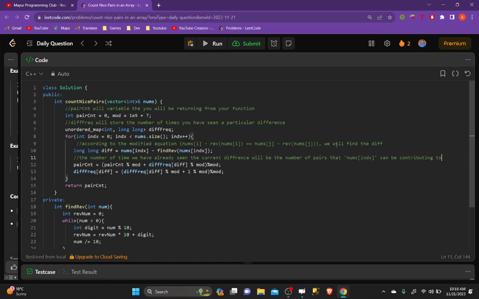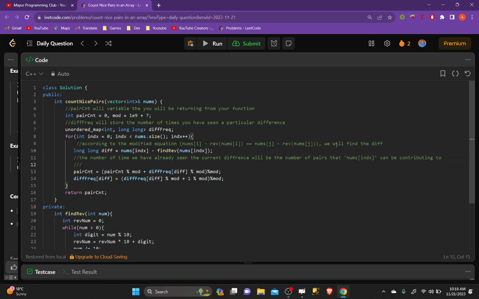Okay, so in that case, you will increment your pair count by that number.